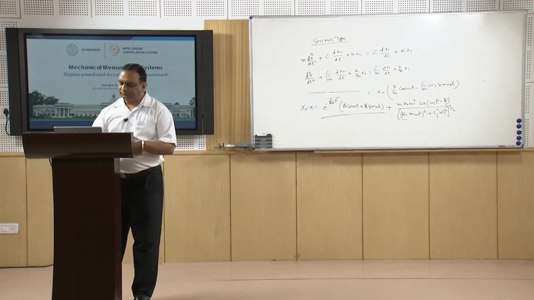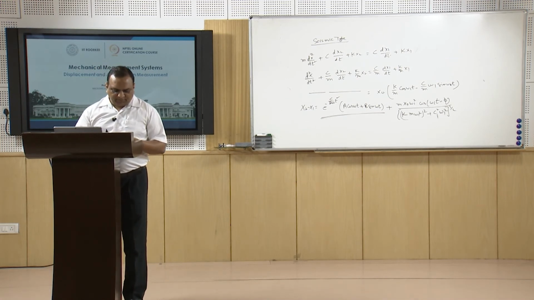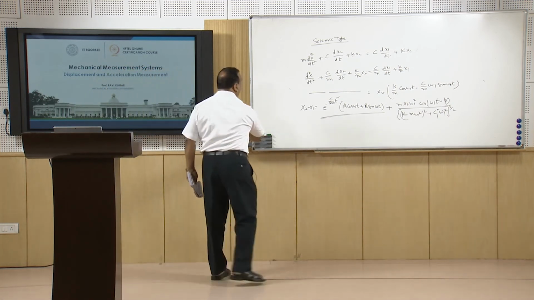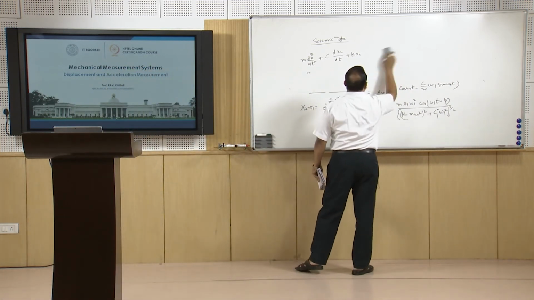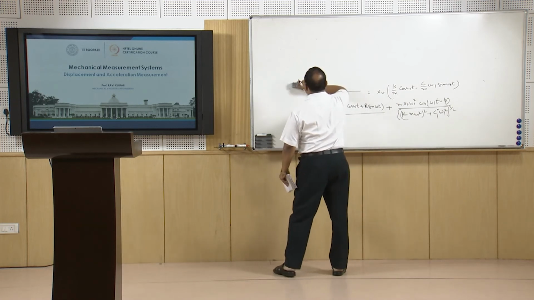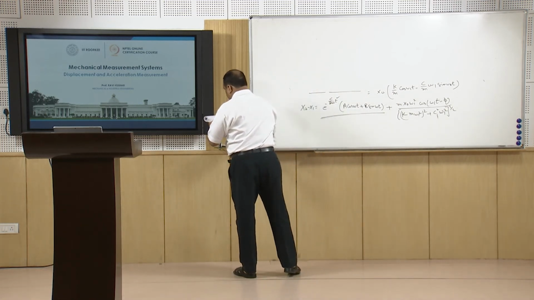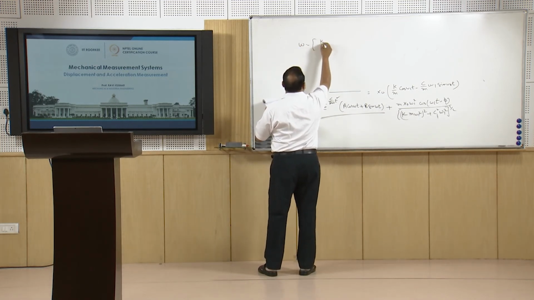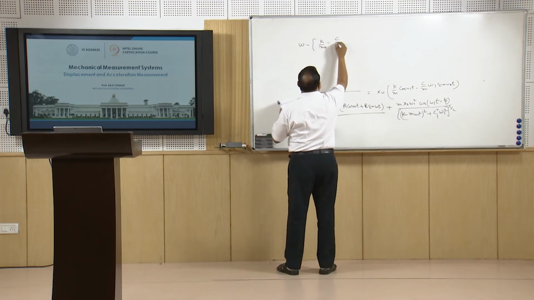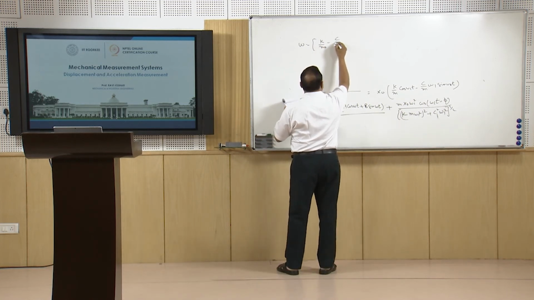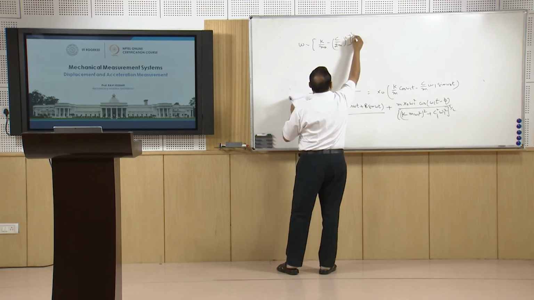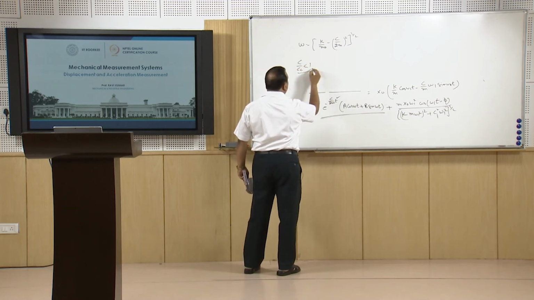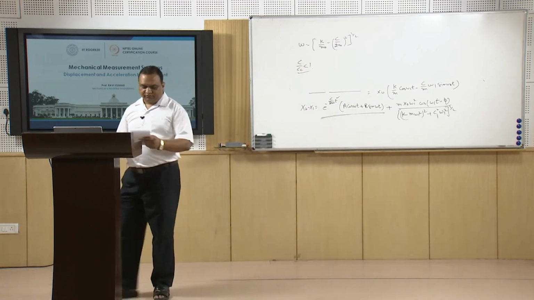So we can find from here omega is equal to k by m minus c by 2m whole square, raised to 1 by 2, for c by cc less than 1, for an underdamped type of system.